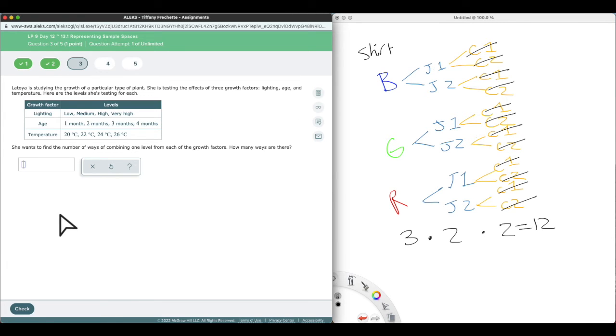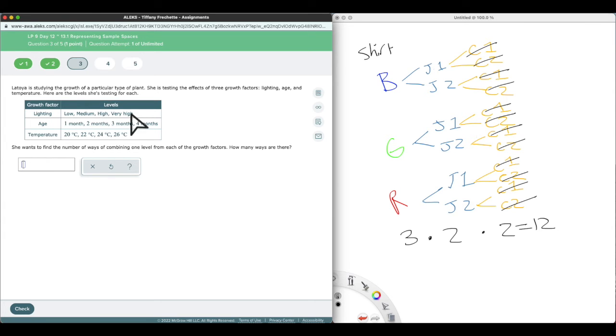All right, so we're going to keep using the counting principle here. So LaToya is studying the growth of a particular type of plant. She's testing the effects of 3 growth factors: lighting, age, and temperature. Here are the levels she's testing for each. So we have lighting. There's low, medium, high, and very high.